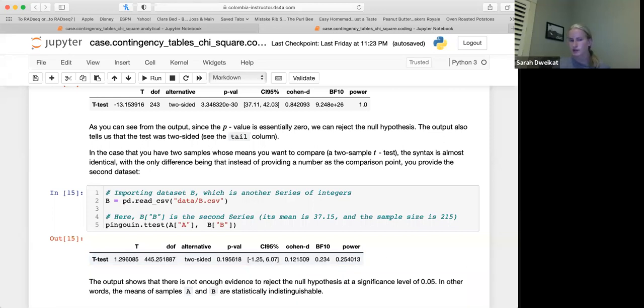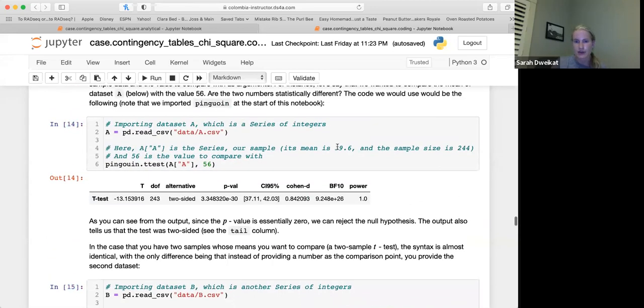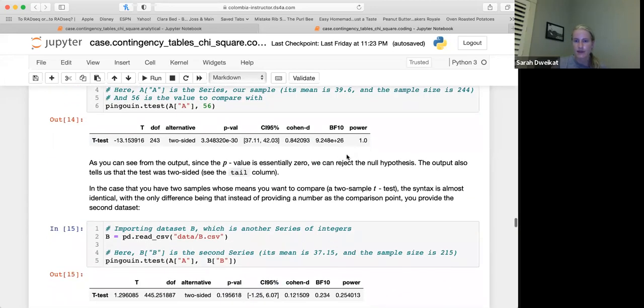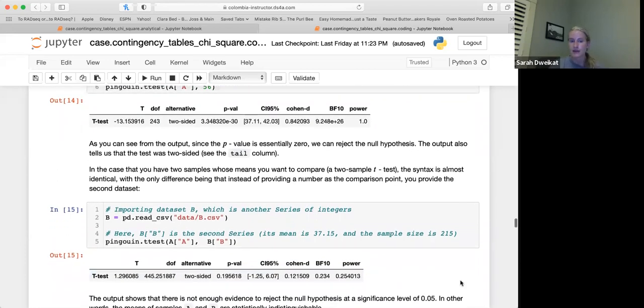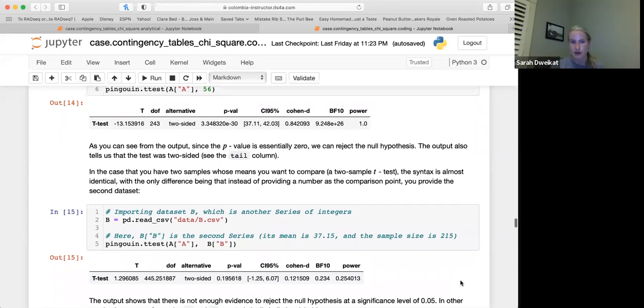It should have been the difference, and I guess that would be the difference. The confidence interval in this case is the difference between those two means. And so here we see that the difference between 37.15 and 39.6 is within the range of this confidence interval. And so we have this p-value that's not significant, so we cannot reject our null hypothesis.